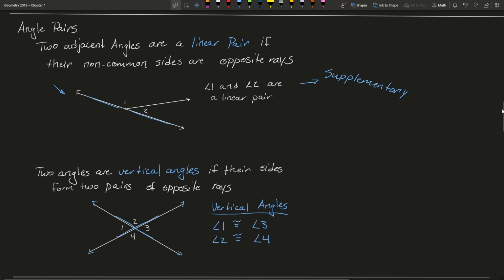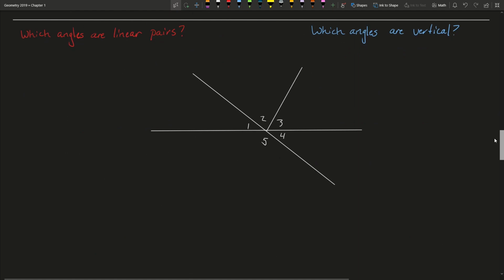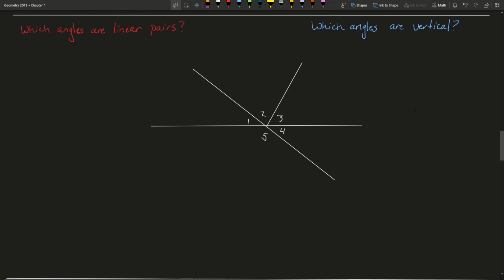So for example, given this figure, let's figure out which angles are linear pairs and which angles are vertical. So linear pairs again form a straight line and only contain two angles. So angle 1 and angle 5 are linear pairs.